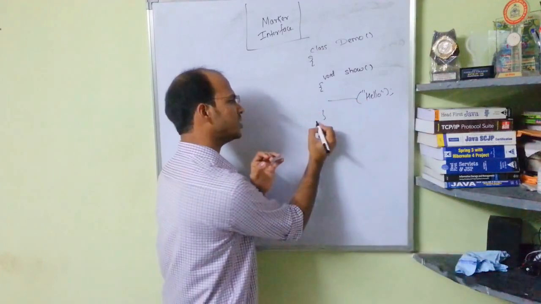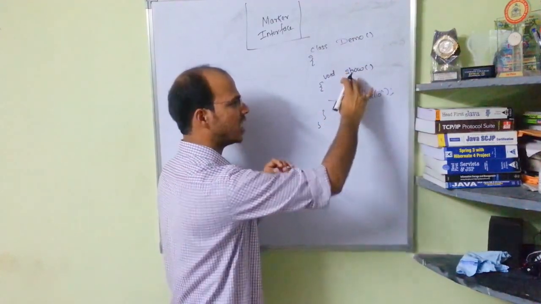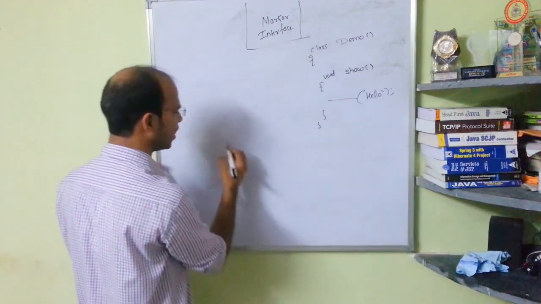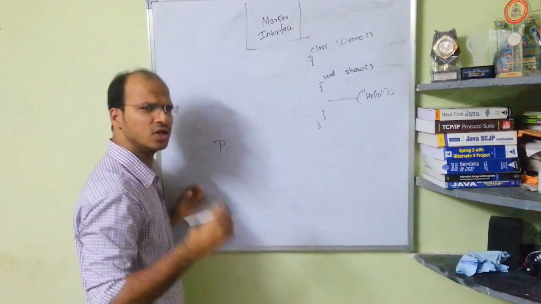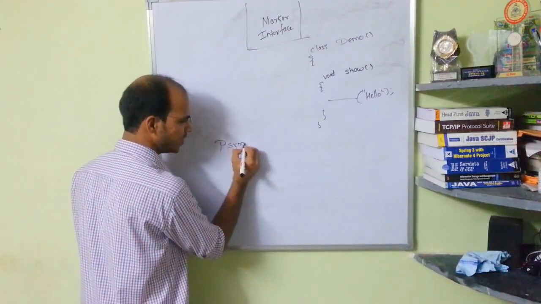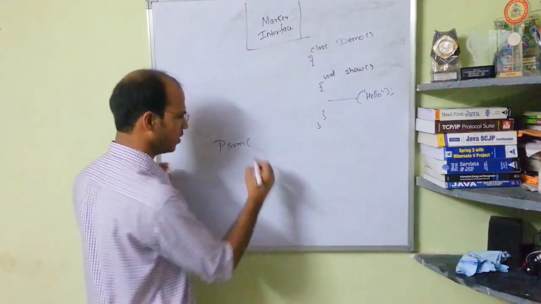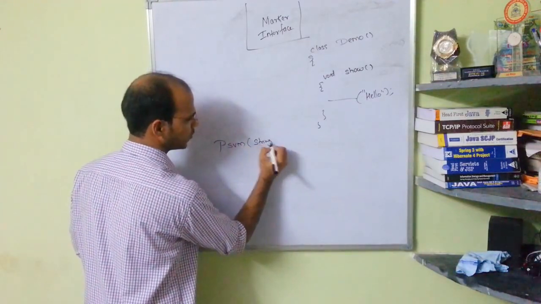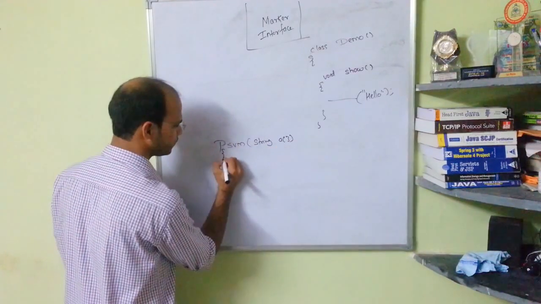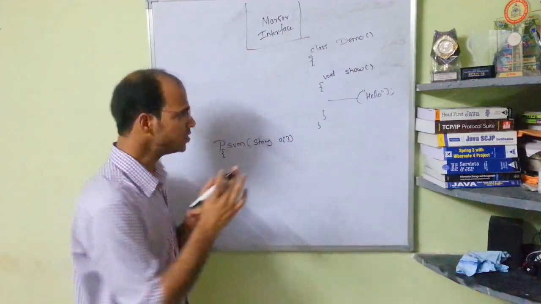So I have a class demo, and in this class I have a method show. To call this method, we require a main function, right? So I have another class in which I create a main function, public static void main, with string args as parameters.